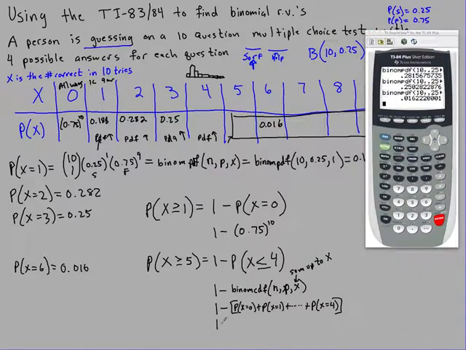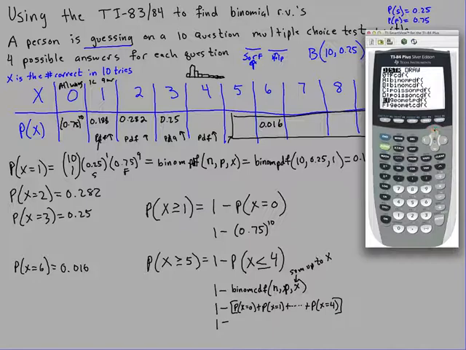So this would be 1 minus, and we'll do it here. Say 1 minus second distribution, go up to binomial CDF. There's binomial CDF, so it's 1 minus binomial CDF.